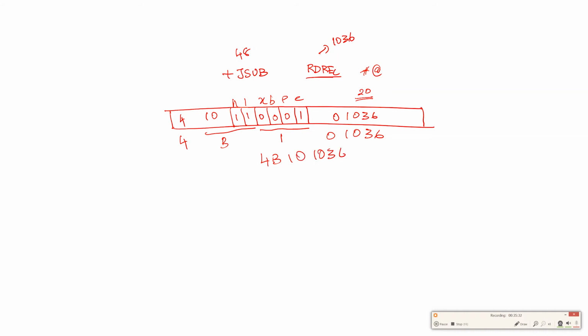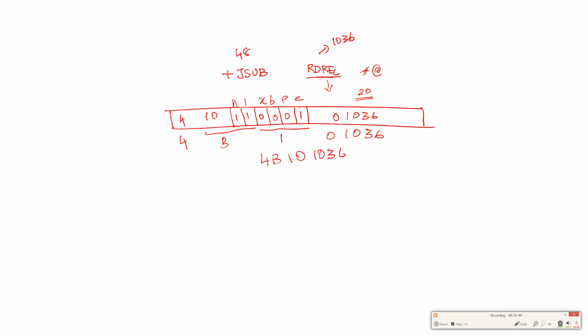When you are using a format 4 instruction, you have to go to this place, that is your target address, and put that in the displacement. Then in NIXBPE you check there is no need for base relative or program counter relative.